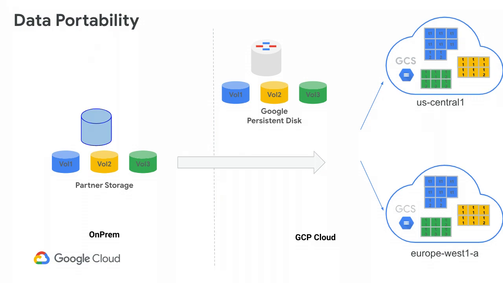And depending on the data locality that the customer's service levels and the compliance pieces allow, you will be able to store those backups anywhere in GCS, either a regional, a multi-regional, or a specific bucket thereon. So it's a close collaboration with the partners and the cloud to enable the backup and restore functionality.